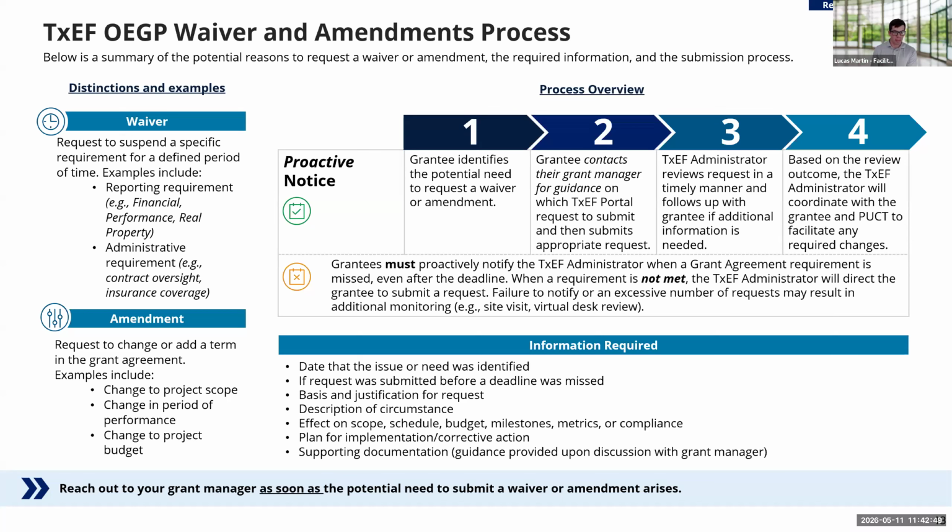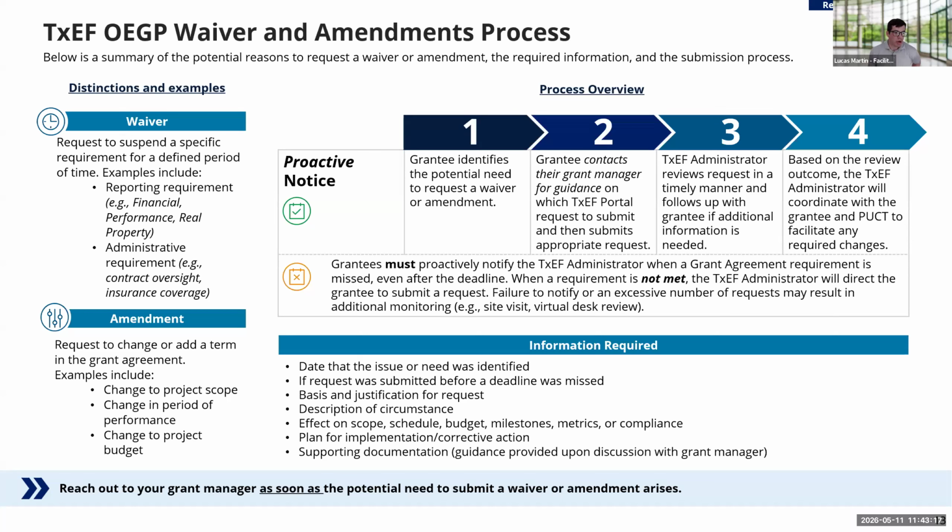If there's an excessive number of missed deadlines, or waivers that need to be subsequently submitted, you can anticipate additional monitoring to make sure that you all can meet those deadlines. And if the perception is there that you're not meeting those deadlines, there could be additional site visits or virtual desk visits to hopefully help in remediating the excessive number of those waivers or potential amendments, and making sure we're not missing the deadline.